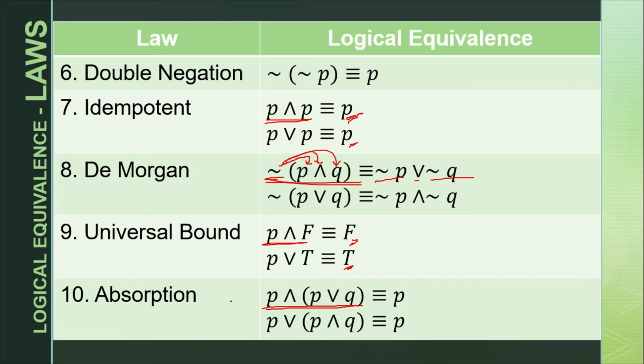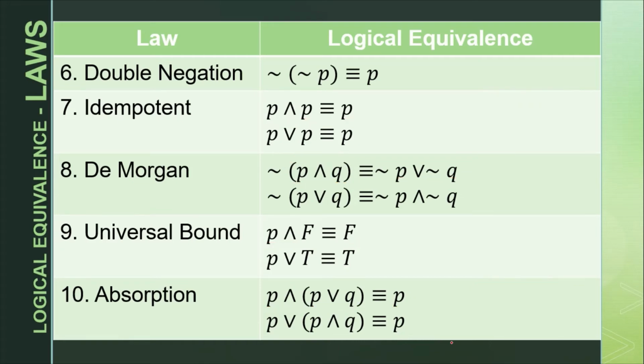However, in absorption you only have two variables, P and Q. Here, you have P or Q, then they are conjuncted to P. The law states that this would always be equal to P. Now, if I put here Q and R or Q, this is logically equivalent to Q. Okay, that's the second set.